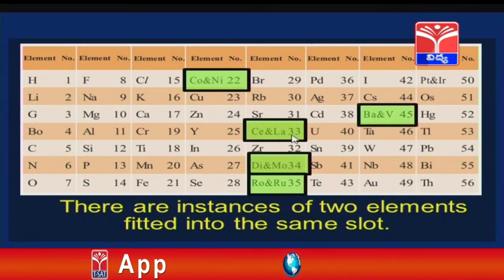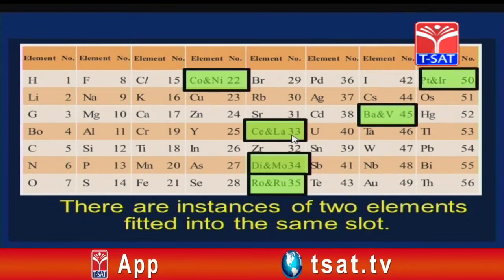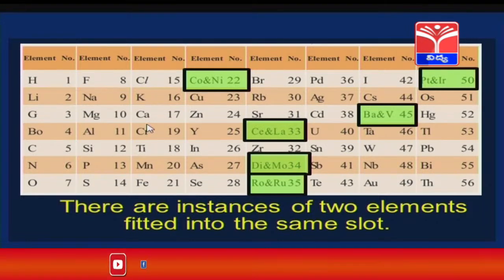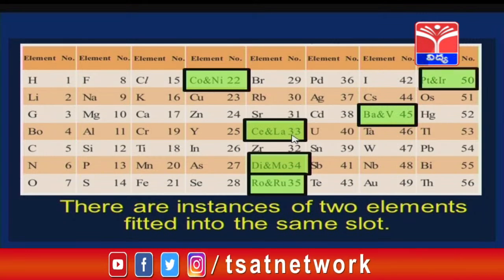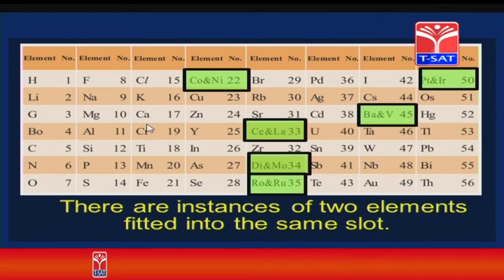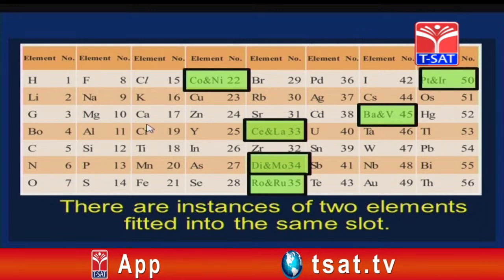Like that we find other instances: cerium and lanthanum, rhodium and ruthenium, barium and vanadium, platinum and iridium. All these are instances where he placed 2 elements in a single slot. This is not applicable.